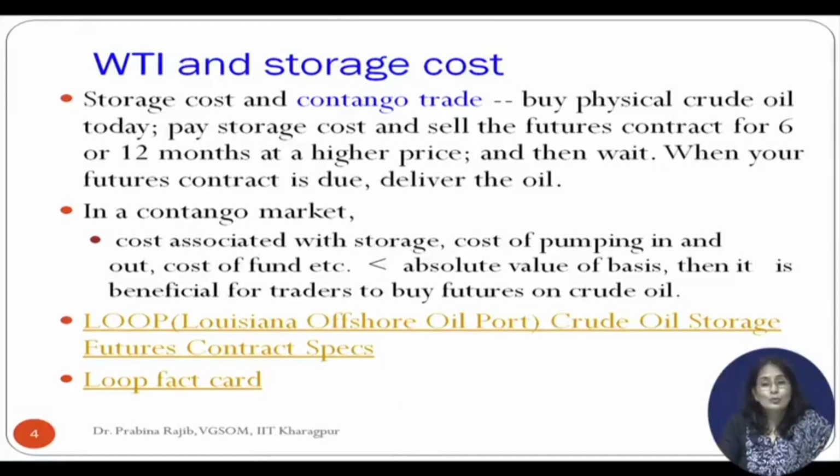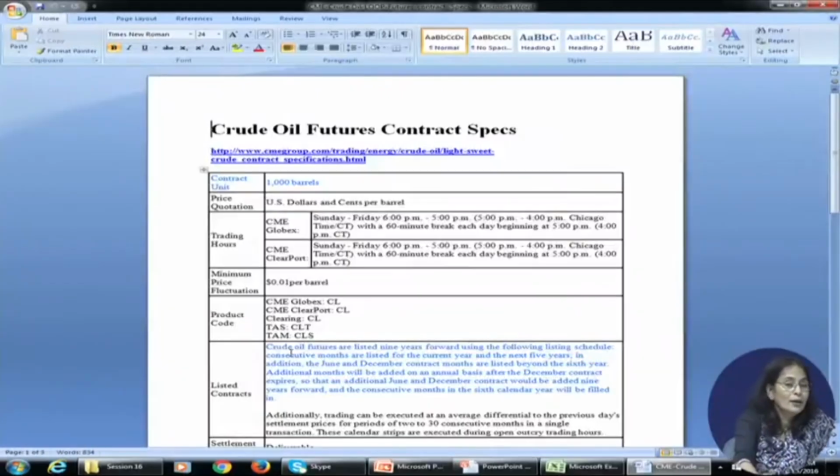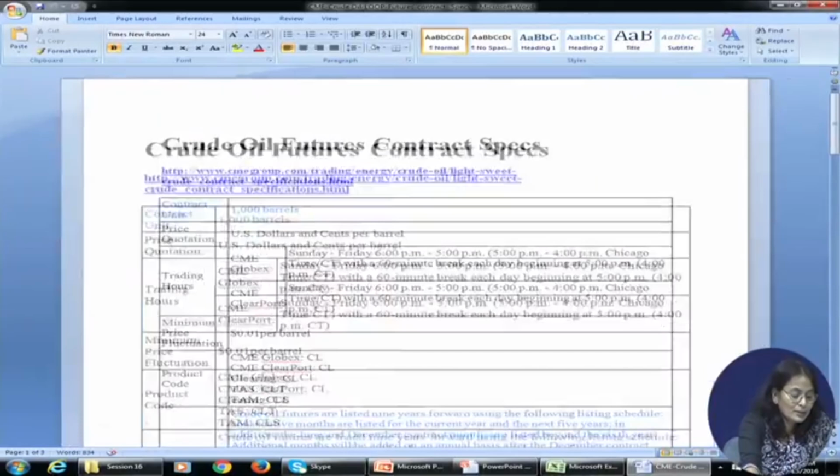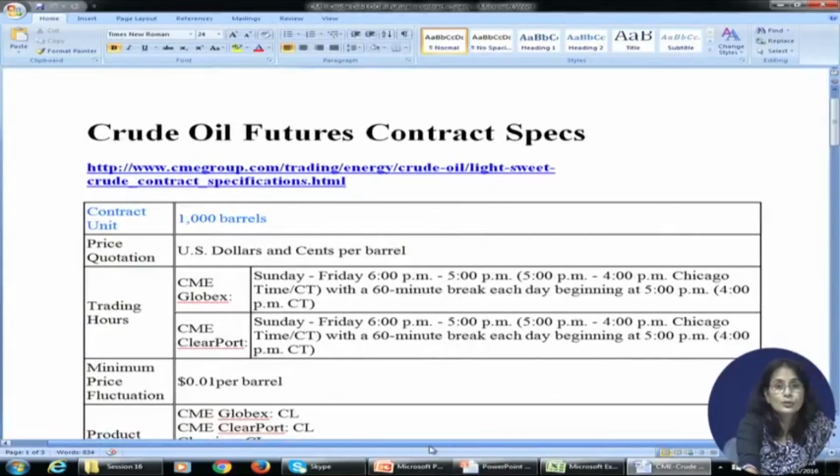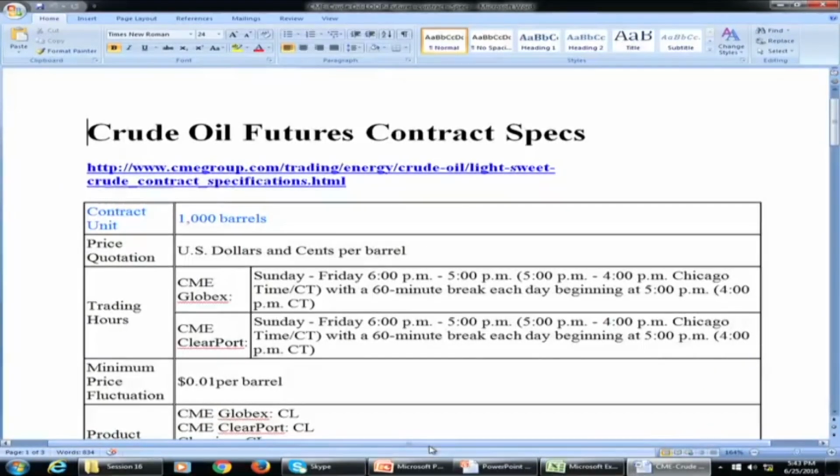Now let's see what the underlying is for this particular futures contract. Let me make it a little bigger. This is traded at CME. Again, I have downloaded this contract specification from the CME website. The link is available. And what is the contract unit?